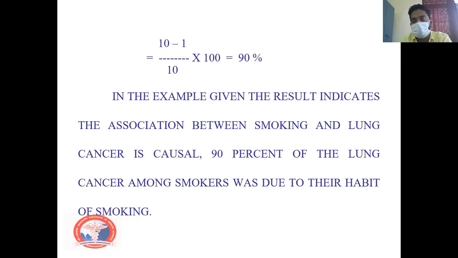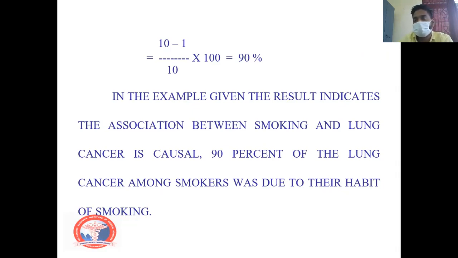So IE, incidence among exposed, is 10. 10 minus 1 divided by 10 into 100 is equal to 90%. In this example, the result indicates that the association between smoking and lung cancer is causal. 90% of the lung cancer among smokers was due to their habit of smoking. So 90% of the disease is related with the smoking habit.